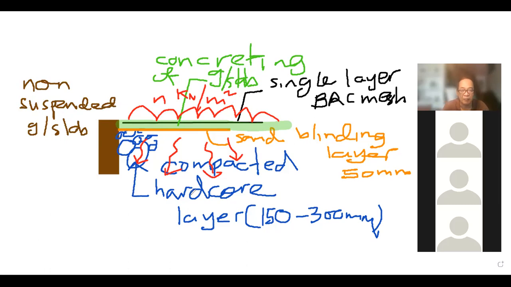The slab and the ground beam are not physically connected to each other, and there is a risk involved in the sense that if the soil starts to settle, this would affect the ground slab, whereby the ground slab will also start to settle.